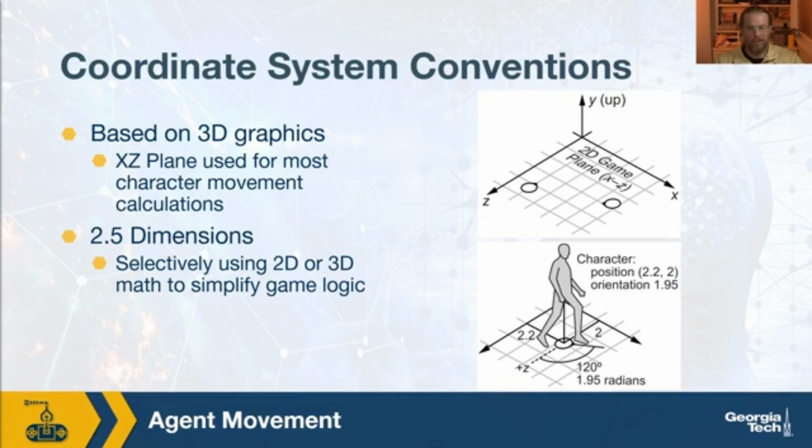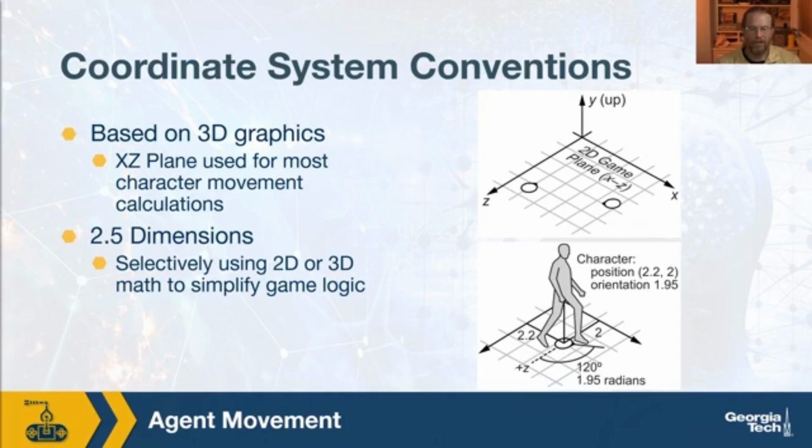And for a 2D game or what we might call a 2.5D game, the 3D graphics model of our agents will be oriented such that the feet will be on the XZ plane, and standing upright, the head will be in the Y direction.